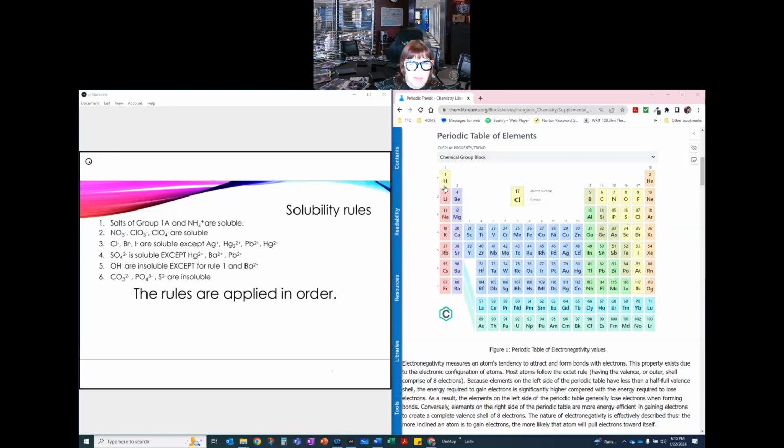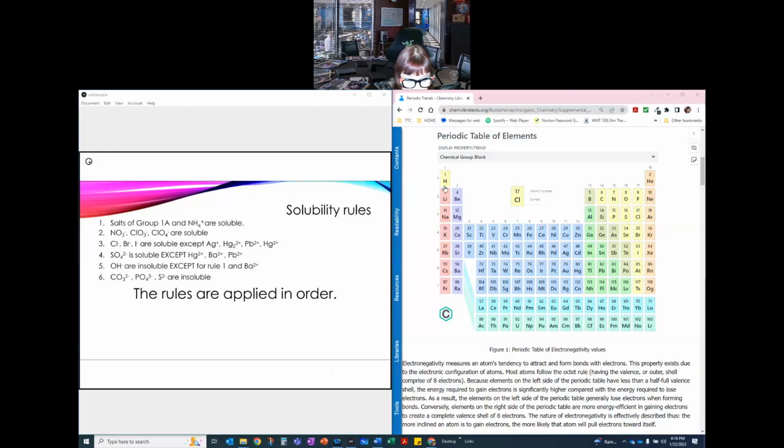And of course, water, HOH, is going to be soluble. Ba(OH)2 is also soluble. Okay. As far as carbonates, phosphates, and sulfides, S2 minus, those are not going to be soluble. So those are insoluble. And of course, these rules are applied in order.